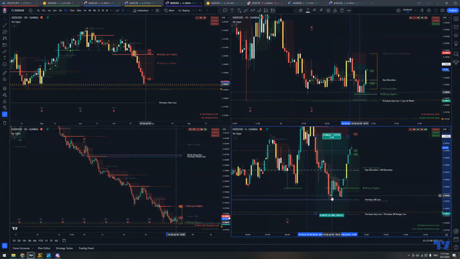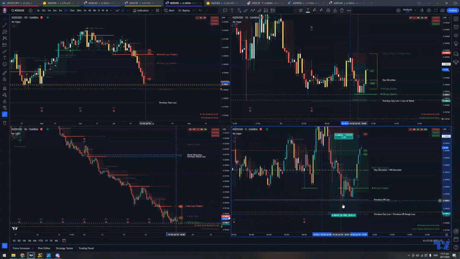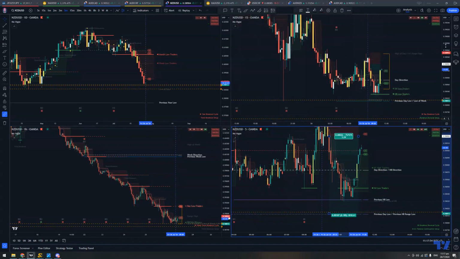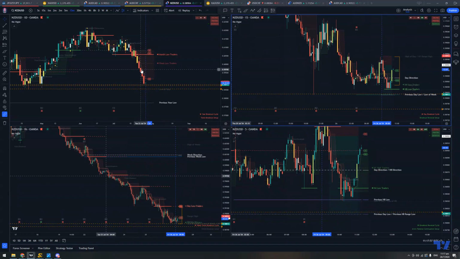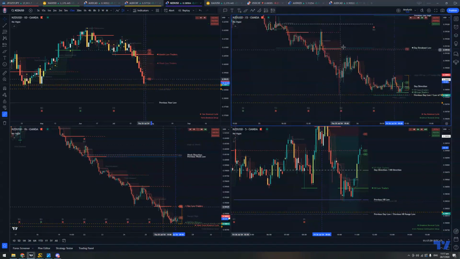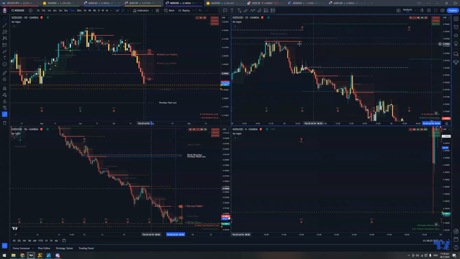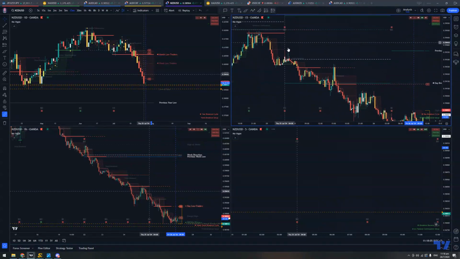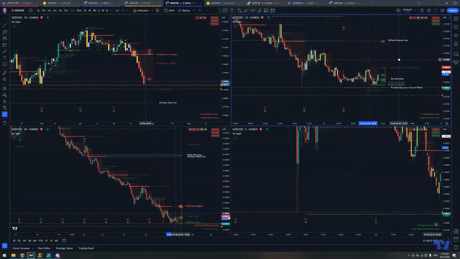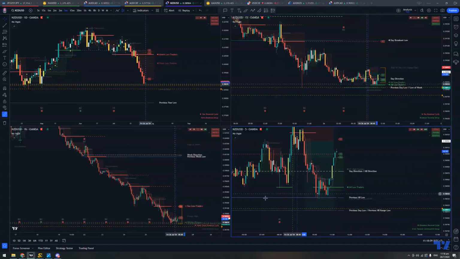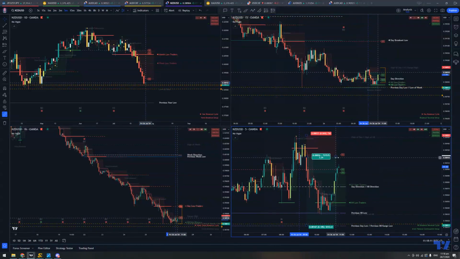Once it hung around here, it got stuck at the previous H low. I took partials. I've been swing trading this. I took a US session entry around here previously, and I still had my runners on this, so this was going good. I took my partials. I'm still alive on this.